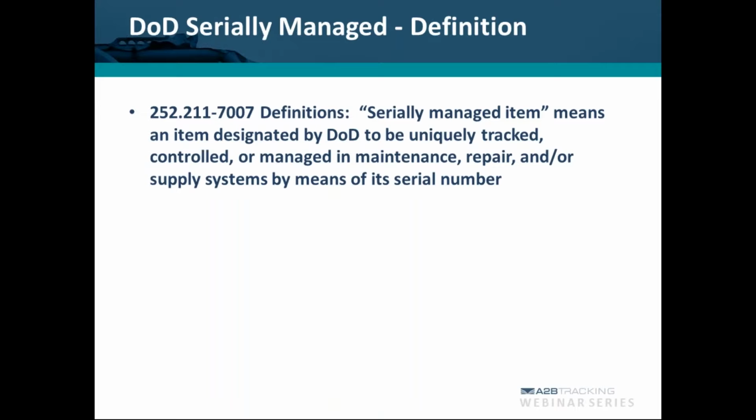GFP reporting is driven by the scheduled GFP attachment in the contract, and if there is a requisition attachment in the GFP listing, which would be your MILSTRIP items, that too would be your reportable items.